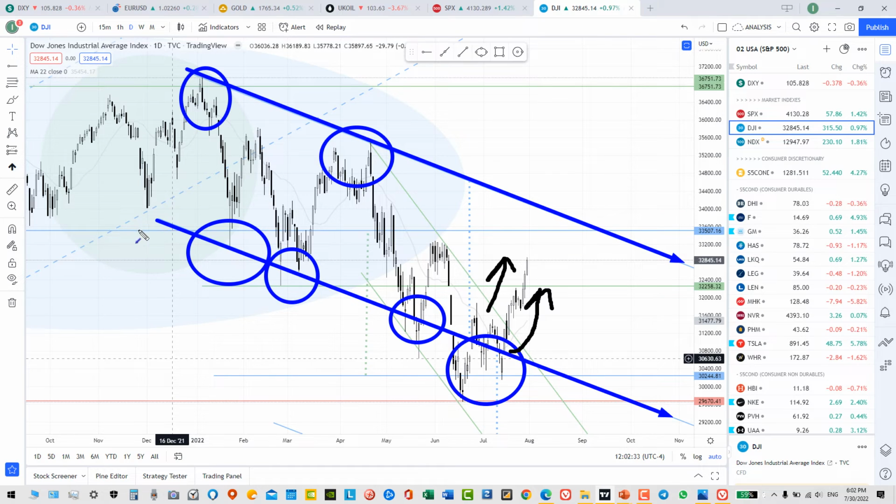Again, the same style of horizontal resistance, weekly one around 33,600 points, and it's a double kind of resistance at the same level the downtrend is running. So we can say that the area of resistance is ranging from 33,200 points up to 33,650, maybe 33,700 points.